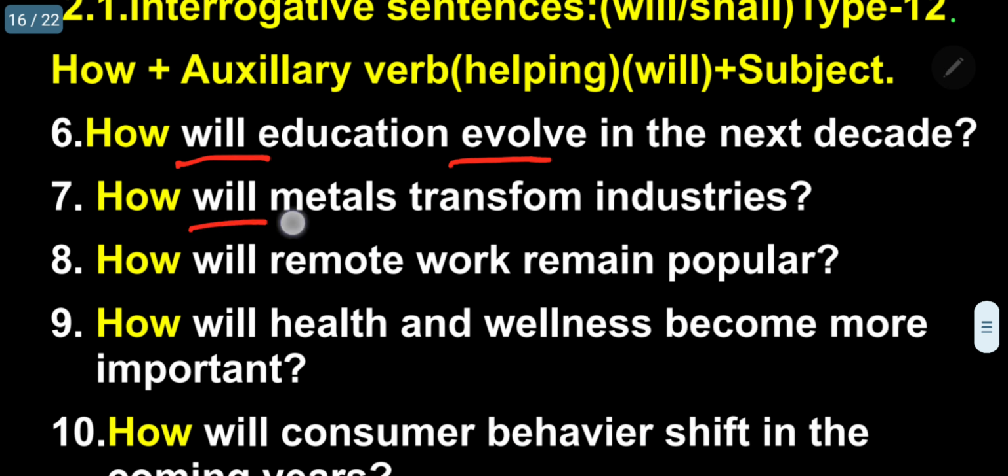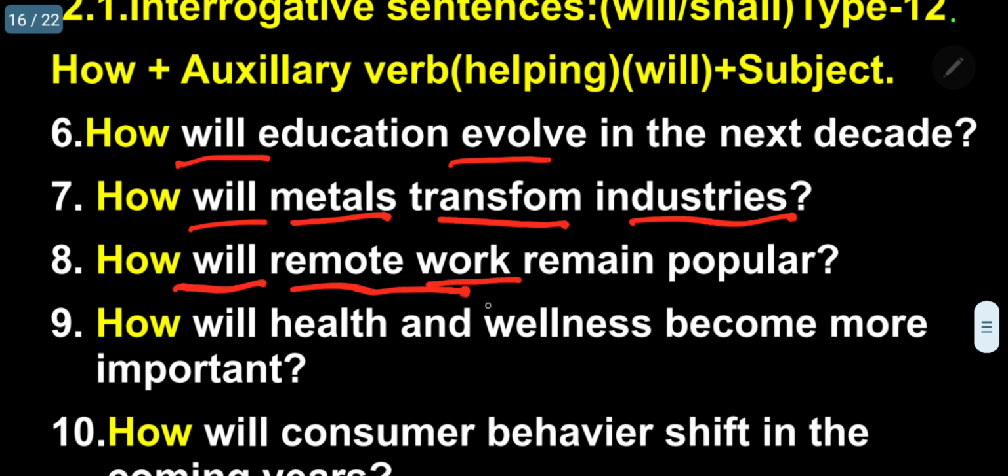How will metals transform industries? Transform is the main verb, will is the auxiliary. How will remote work remain popular? Remain is the main verb, will is the auxiliary.